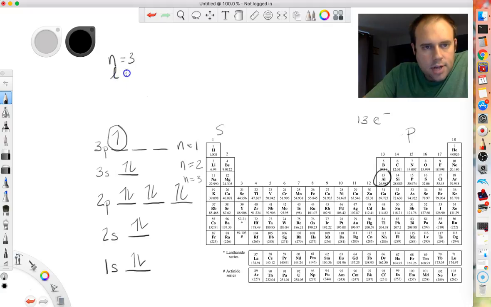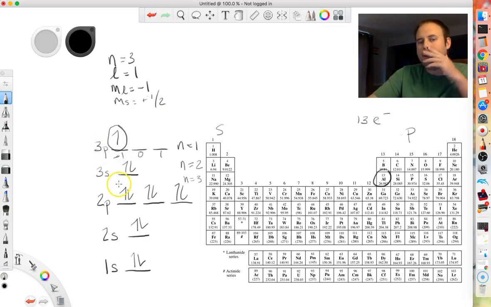The shell, or the orbital, is a p, so that's going to make l equal 1. And the m sub l in this case, well, I find it in the first of the 3, so I'd make this -1, 0, and 1. So that's going to be -1. And then the m sub s would be equal to +1/2, because it's spin up.